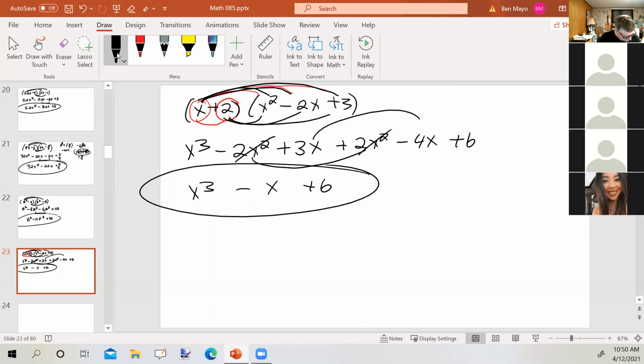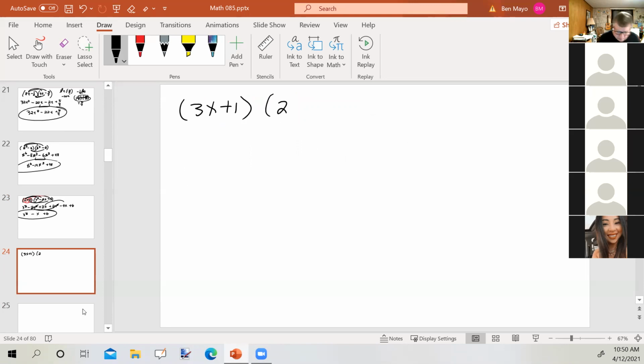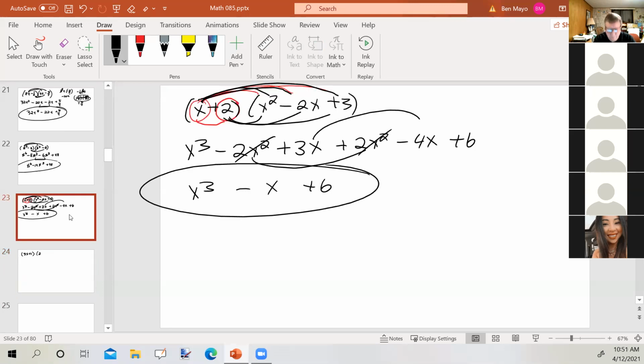Okay, let's take another binomial times a trinomial. I have a quick question for the last one. In the result, where it was 3x minus 4x equaling negative x, would it still accept it if you put minus 1x, or do you just cancel out the one altogether?